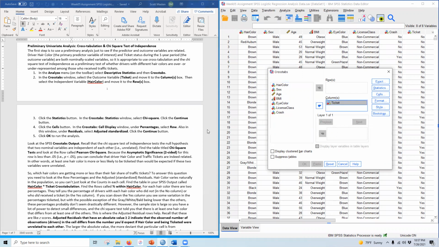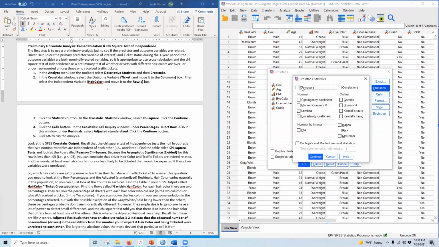Then select the independent variable, hair color, and move that to the rows box. To get the chi-square itself, we click statistics, and we click chi-square. I don't have you getting Cramer's V for whatever reason, we're just messing around here, but normally you would get Cramer's V.